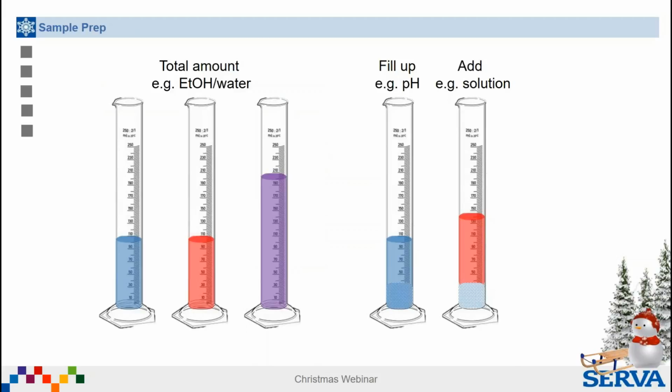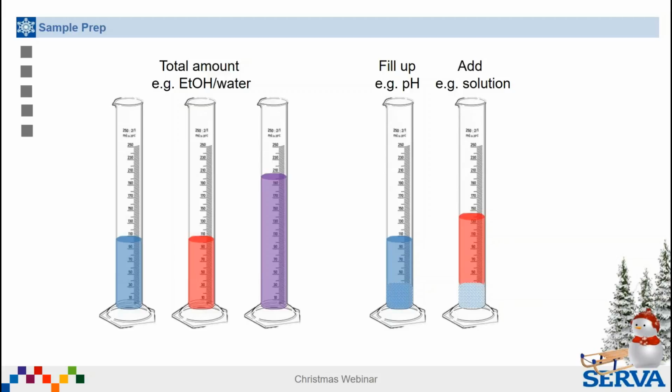Then you do your sample preparation. This is the first thing you do, not depending on any application, but of course as well in electrophoresis. The one thing is the mixture of different types of liquids, solids, and so on. The most often found is when you want to do a percentage of pure ethanol, you want to dilute it, you add water.